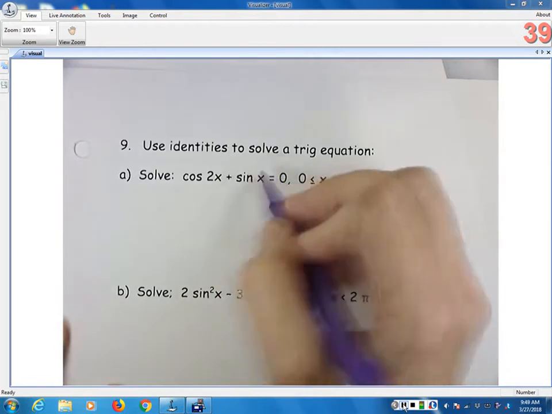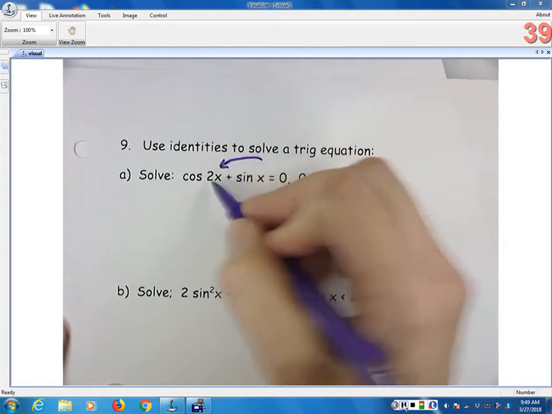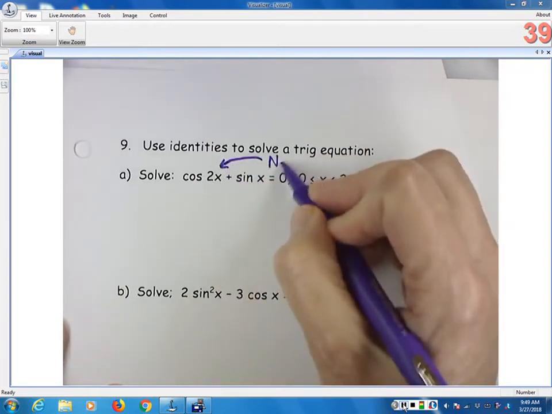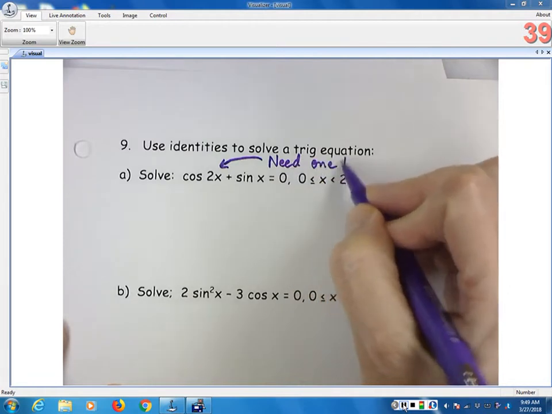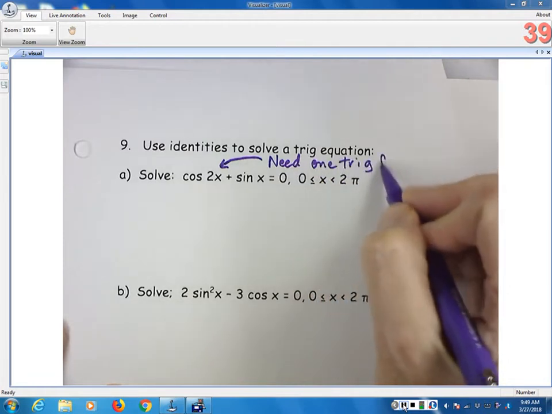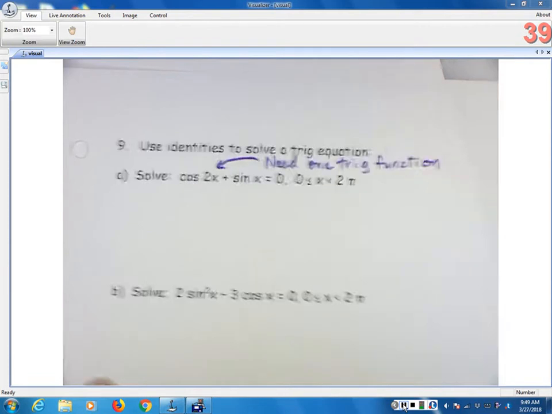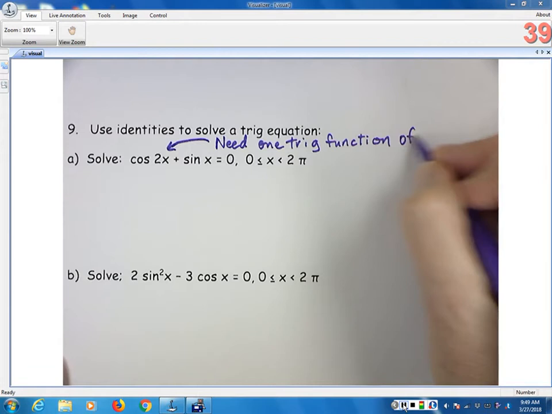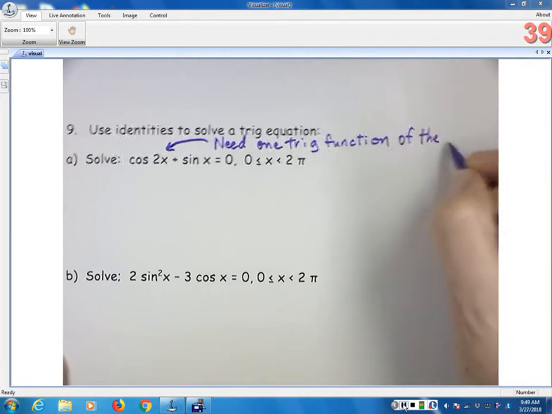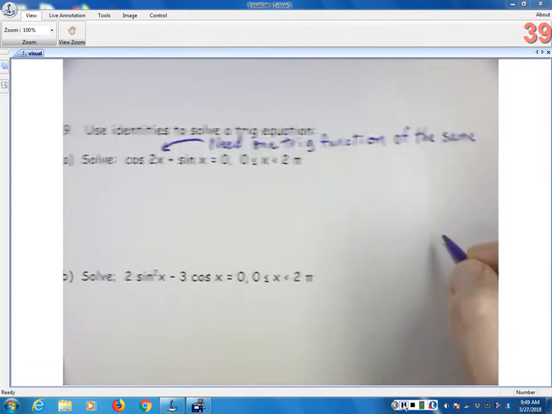In order to solve this equation, we can't have double angles, and we need one trig function of the same angle. That's why we shouldn't leave our angles out when we write sine and cosine and stuff like that.